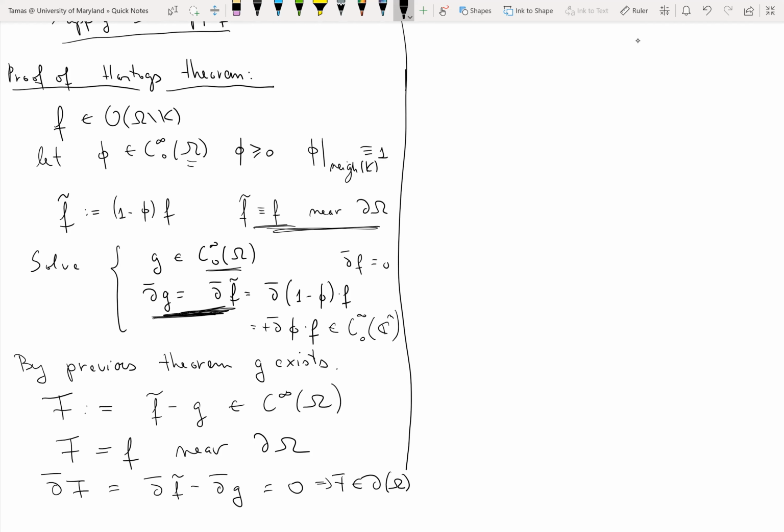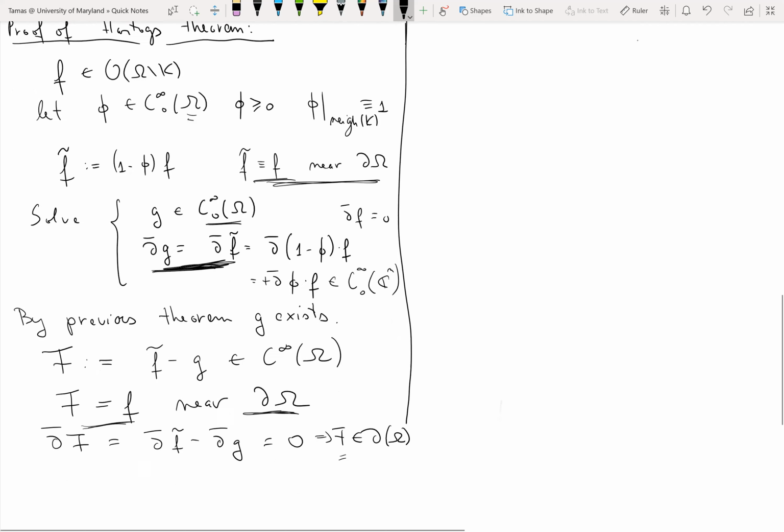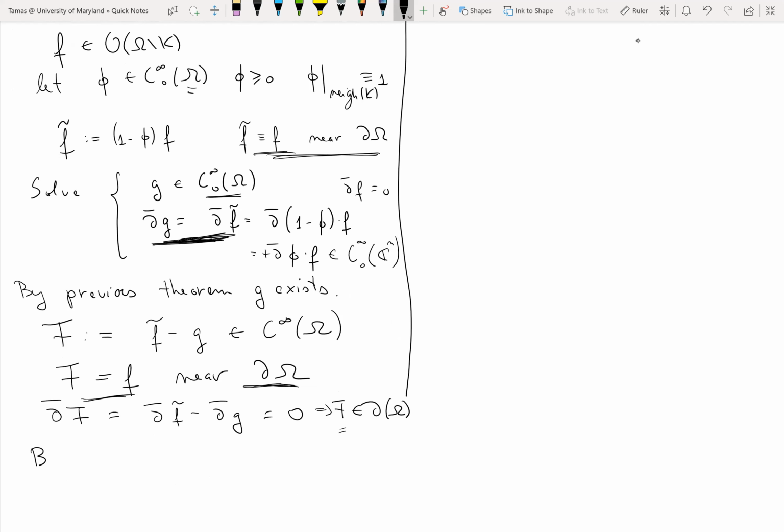Okay, so we have a holomorphic function that is equal to another holomorphic function on a neighborhood of the boundary of omega. So by the identity theorem, we get that F is not only the same as small f near the boundary of omega, but actually has to be the same wherever small f is defined, which is omega minus K. Okay, so this gives us the proof of Hartogs theorem.